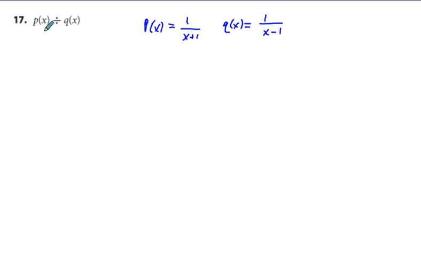Okay, next 17. P of x divided by q of x. And here we have both of our expressions here. Again, what are excluded values? Same as before, x cannot equal plus or minus 1.